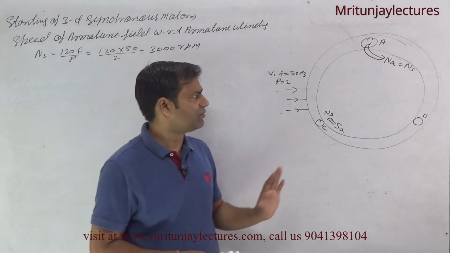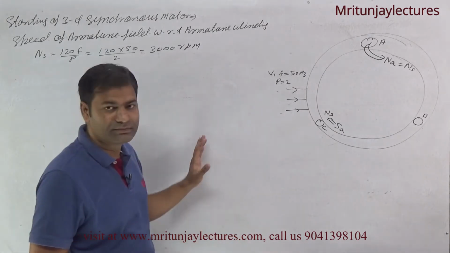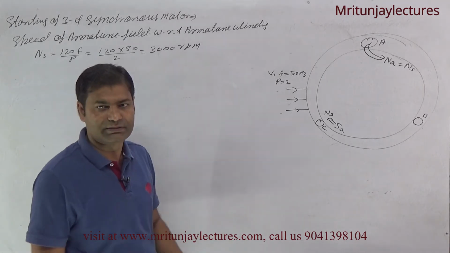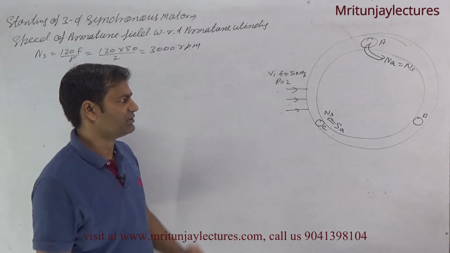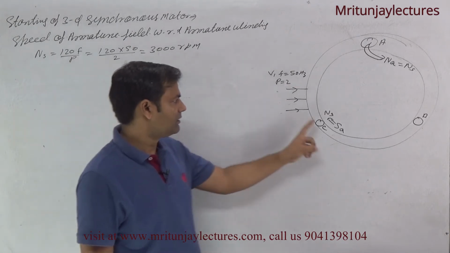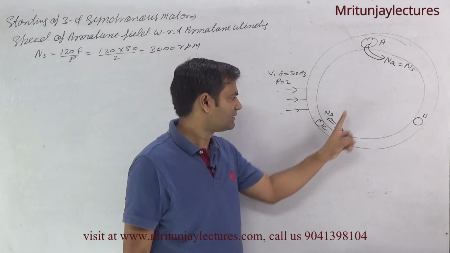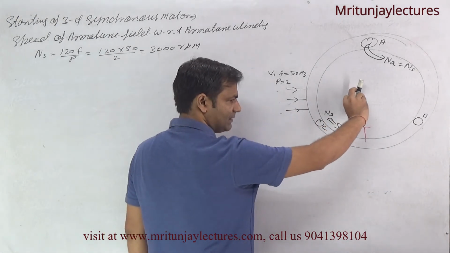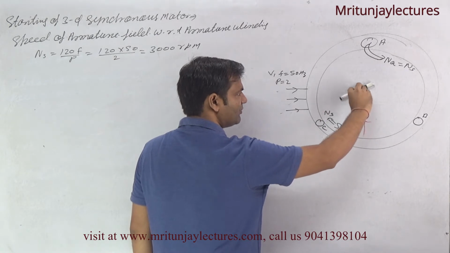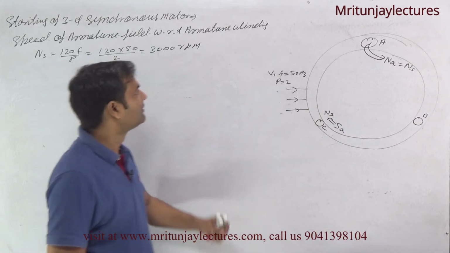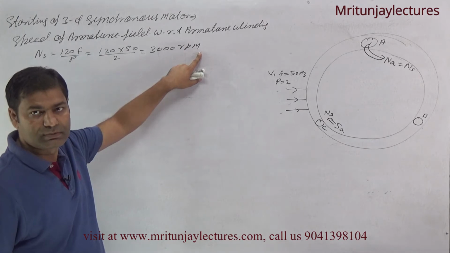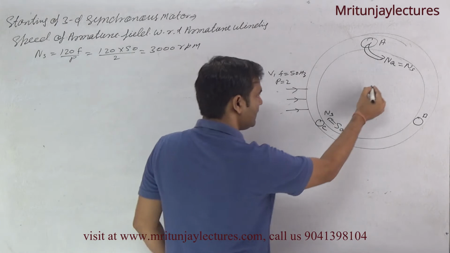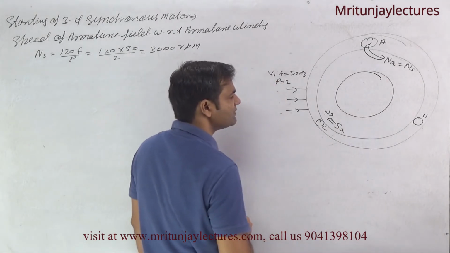So if any doubt, then see the fundamentals of rotating magnetic field concept in induction machine. Okay, now here, clear? This one is NS, means suppose that is a rotating magnetic field like this one and rotates corresponding to this one, at speed 3000 RPM. Clear?